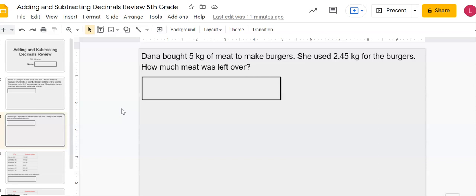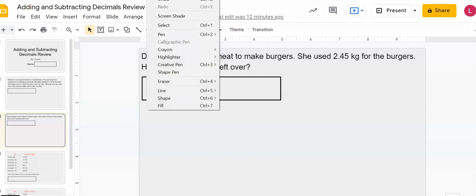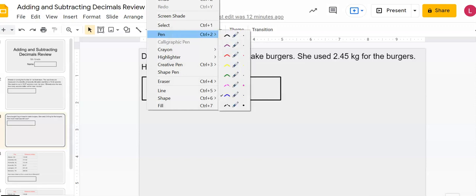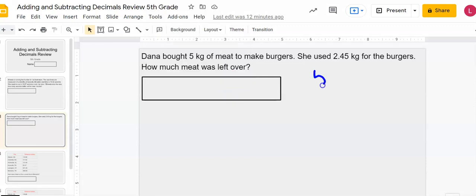I'm going to think if I have 5 and I'm going to use up to make some burgers 2 and 45 hundredths kilograms. So let's see. Let's just do some estimating here. So if I have 5 and I use some of that meat, am I going to have less?